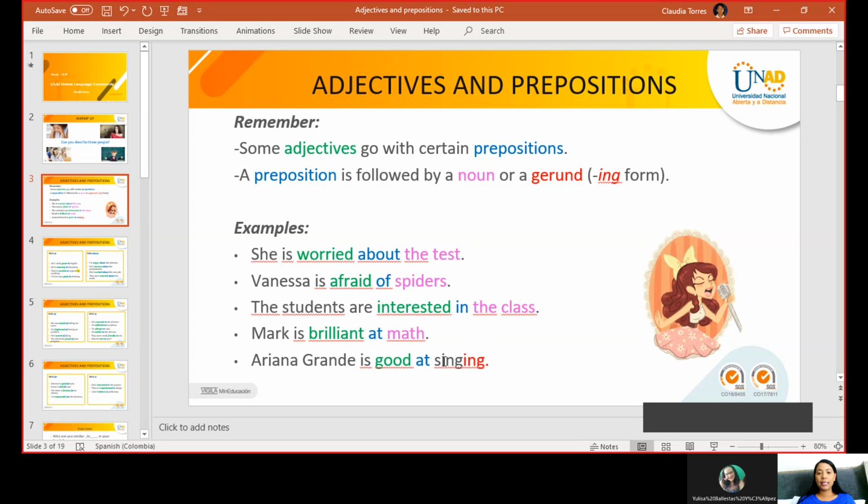So at singing, ing. So Ariana Grande is good at singing, or Ariana Grande is good at playing the piano, right? Or I am good at taking pictures, right?